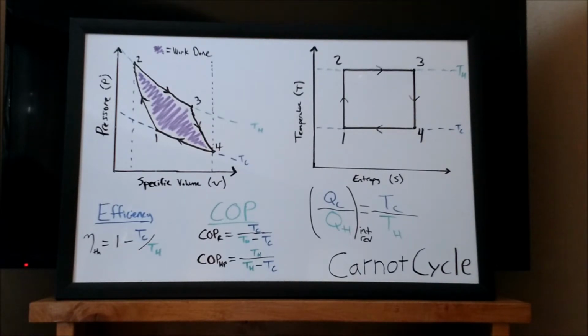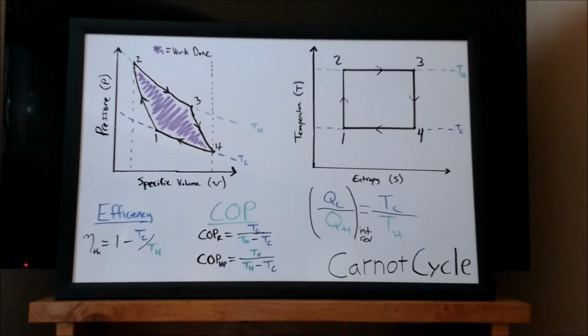For refrigerators and heat pumps, the same sentiment applies, except that a coefficient of performance is analogous to efficiency. These are given by QC divided by QH minus QC and QH divided by QH minus QC respectively. For each of these equations, QH minus QC is equal to the work in the cycle.